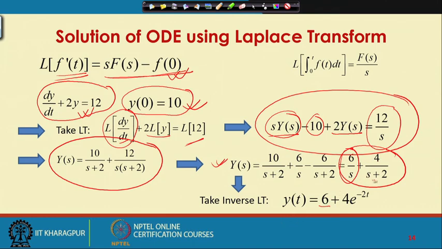Similarly, 4 by s plus 2 is 4 into 1 by s plus 2, and from 1 by s plus 2 you get e to the power minus 2 t as the inverse, multiplied by 4. So, the solution to this differential equation for this initial condition is y t equal to 6 plus 4 into e to the power minus 2 t.